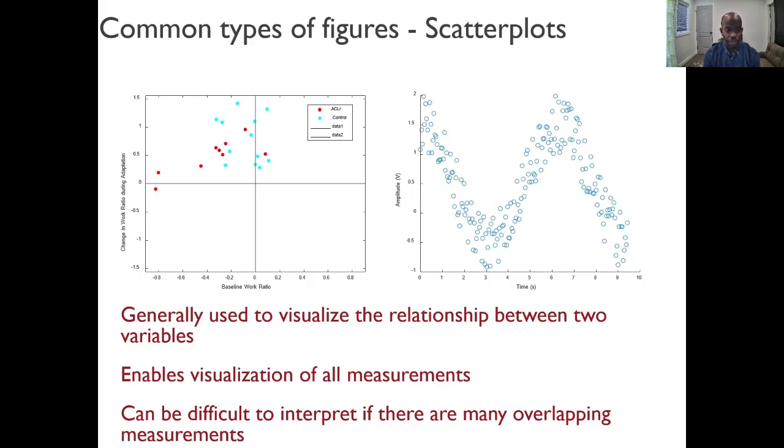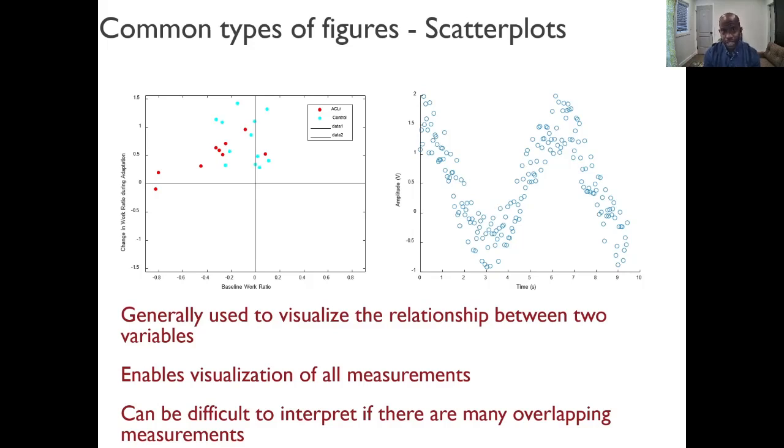On the left, we have the relationship between measures of mechanical work and changes in some measure of mechanical work, so that we can get a visual understanding of how those values relate or not to one another. And on the right, this is just an example of a noisy sine wave where we can see variability in the data from one point to another.